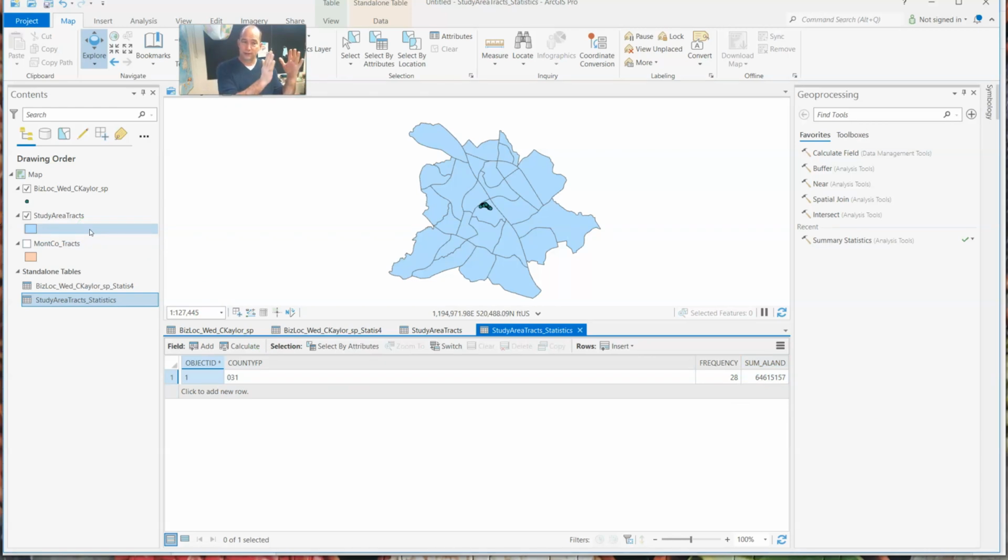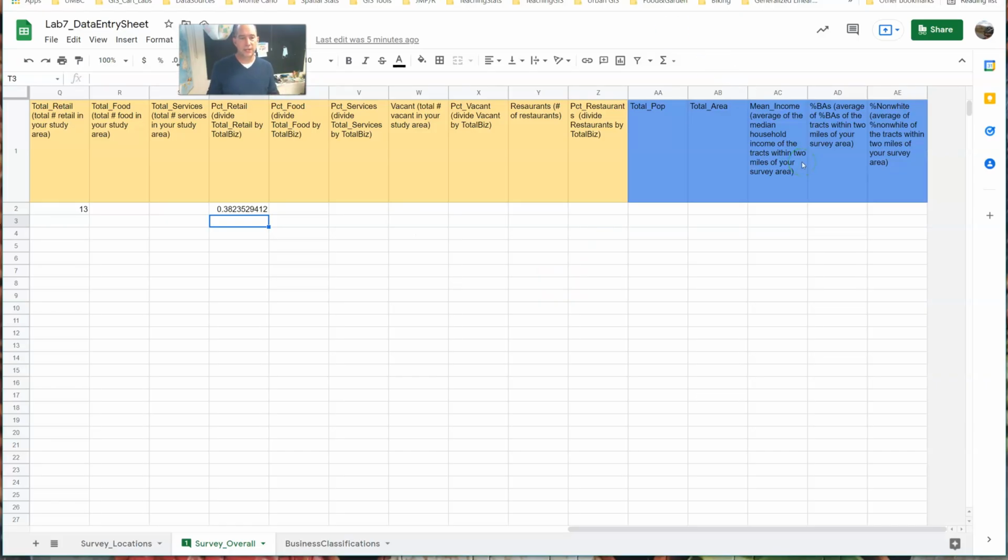You'll want to get the sum of total pop, the sum of ALAND10. You're going to want to get the average of percent BAs, the average of percent non-white, and the average of population density. Those are all things I specify in the instructions that you want to gather. Then once you have them, enter them into this table.